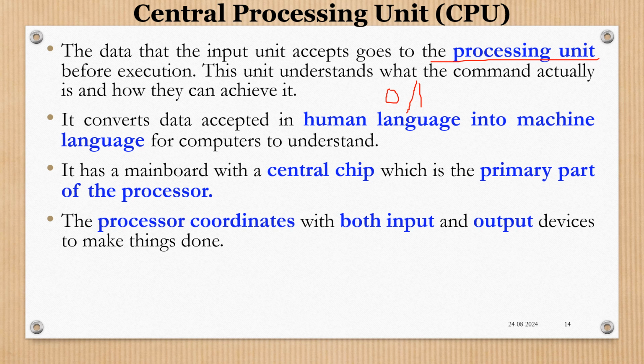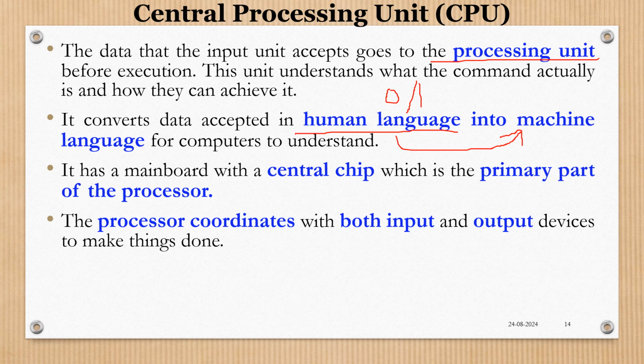Whereas humans understand the English language, so a converter is used to convert the human language into the machine language. That's why the computer has compilers that translate the English language into the machine language, so the computer can work on the given instructions.